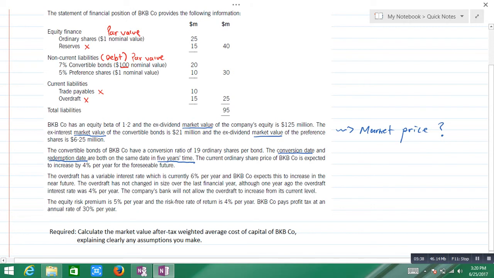So we're gonna calculate for 5 years for the convertible bonds. And remember, convertible bonds, we're gonna redeem. That means it's redeemable. Okay, redeemable.